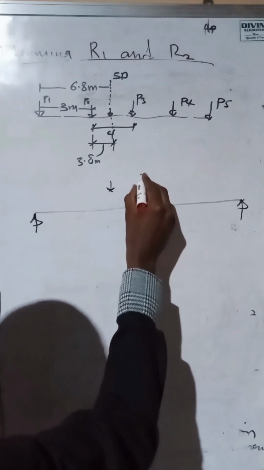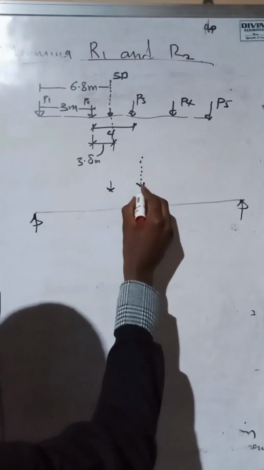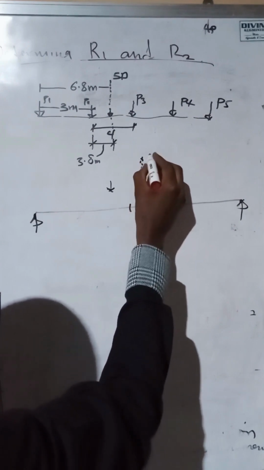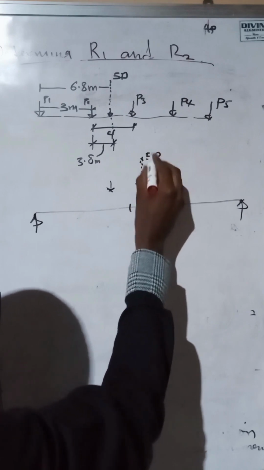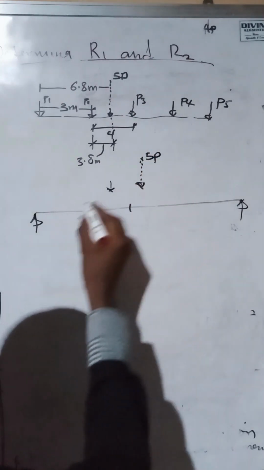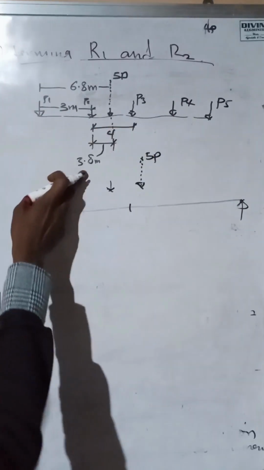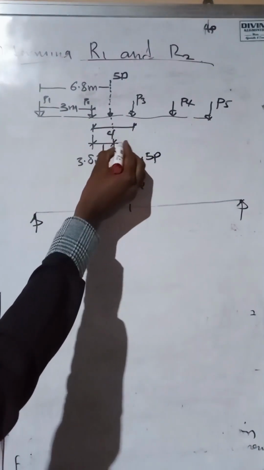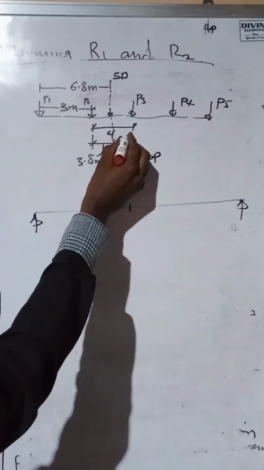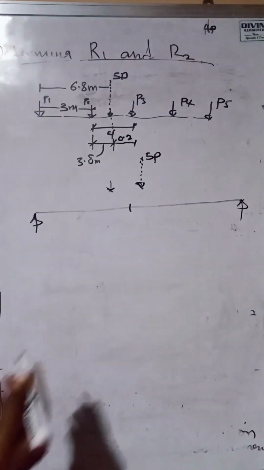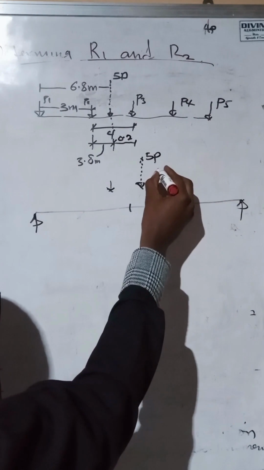This is our resultant load. Let's put it this way. Our resultant load is 5P. Now, of course, here is 4 meters and here is 3.8. So what we should be having left here should be 0.2. Very, very small value.